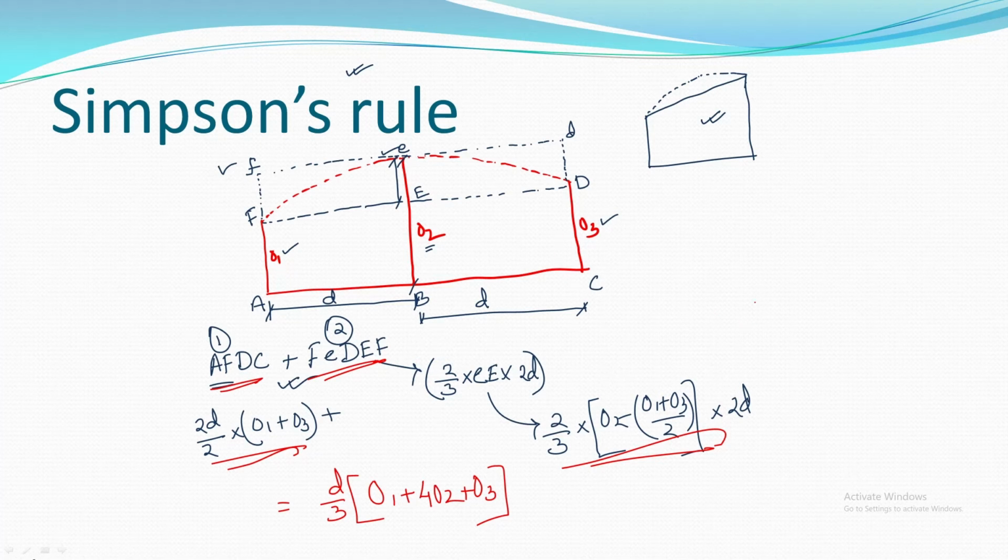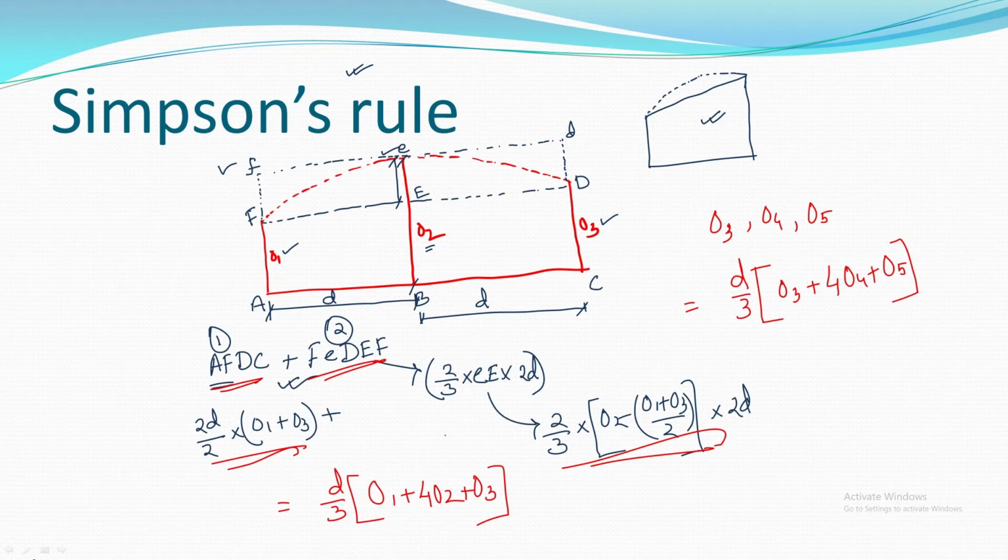Now similarly, if the ordinates are O3, O4 and O5, considering these 3 ordinates, the value will be D by 3 into O3 plus 4 O4 plus O5.